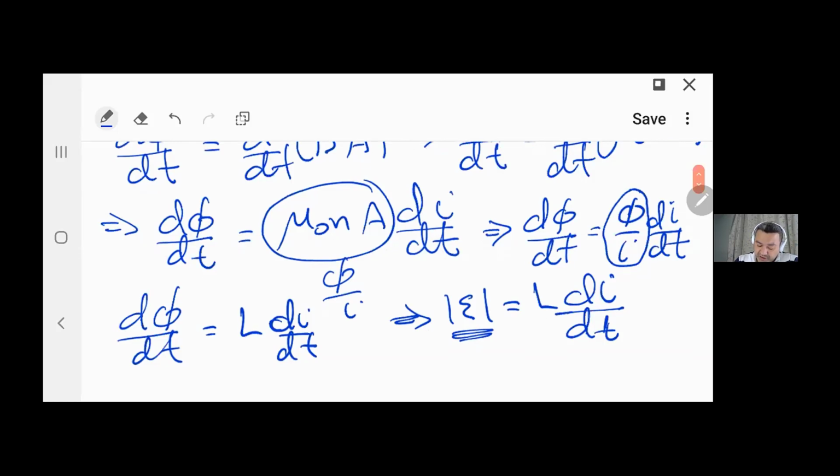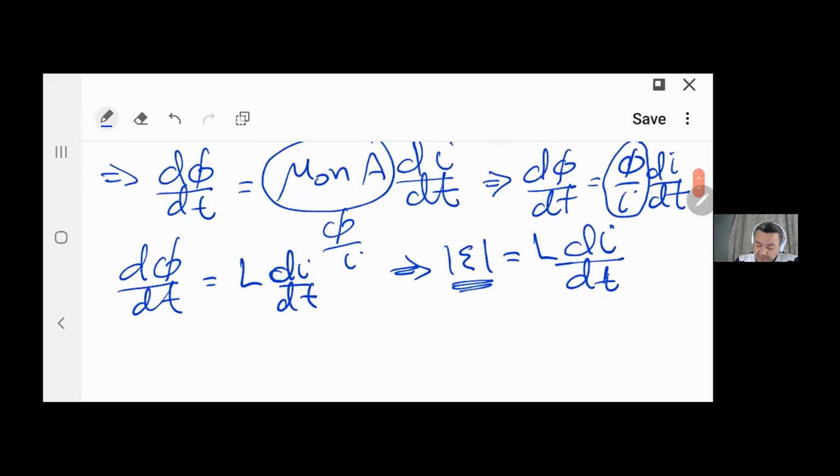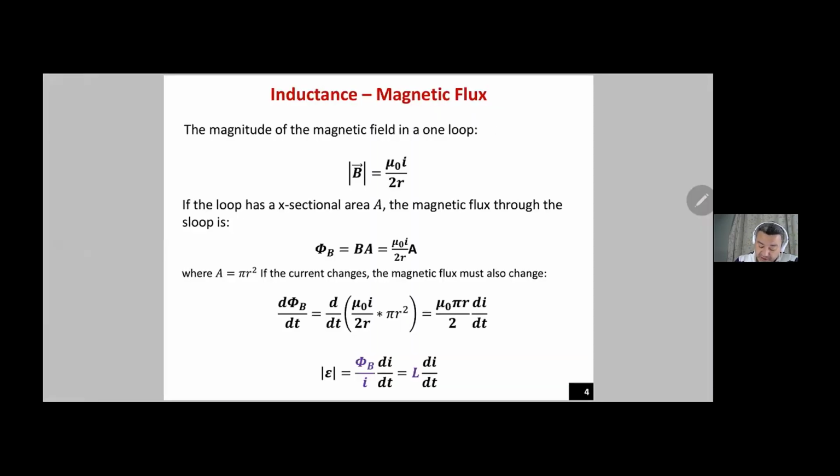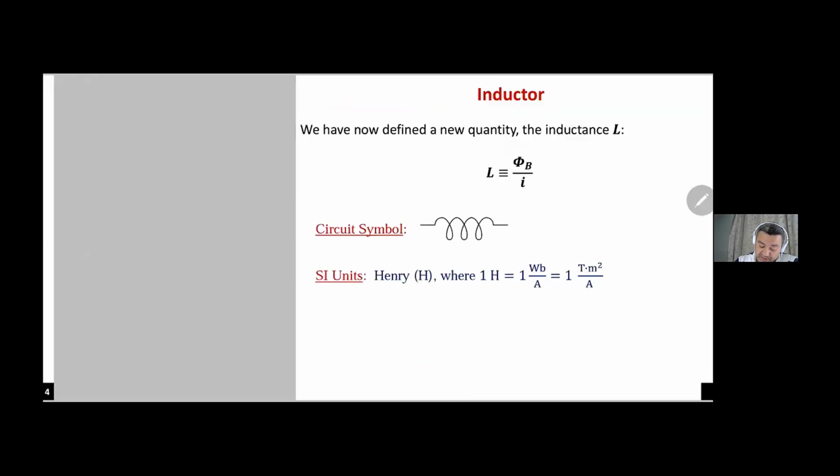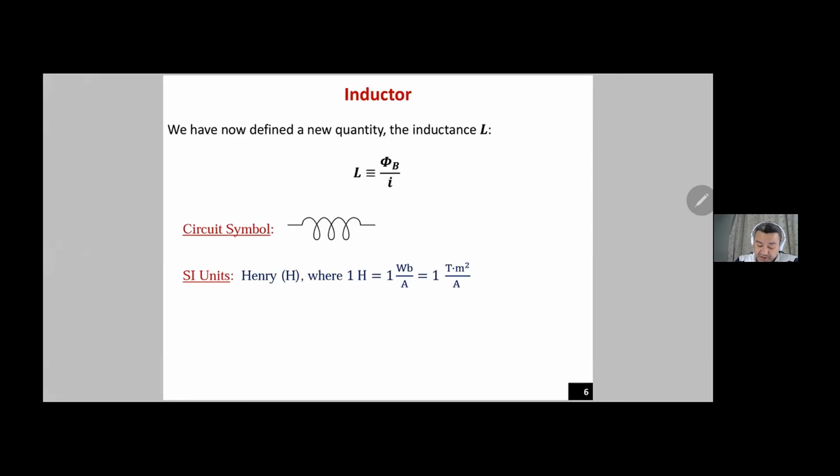So this is the relationship of the induced electromotive force with respect to the time varying current and inductance. Okay, so having said that, we can say that this inductance, given by phi divided by I, will have the unit of Henry.